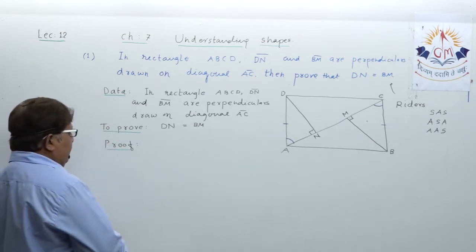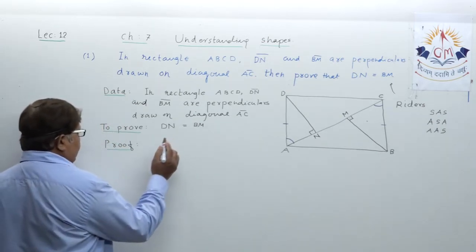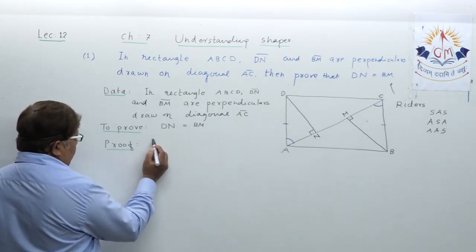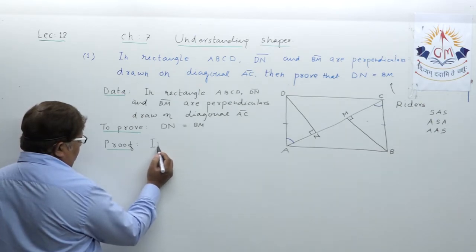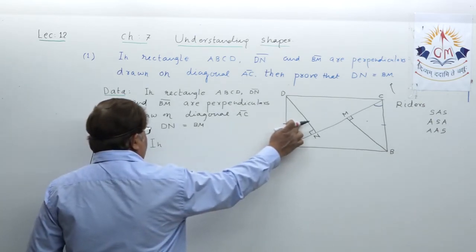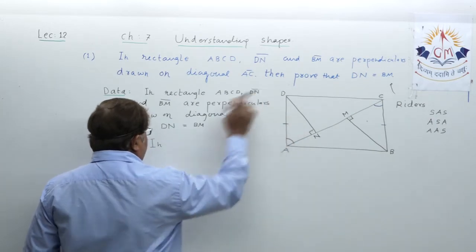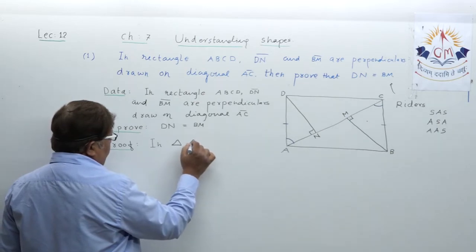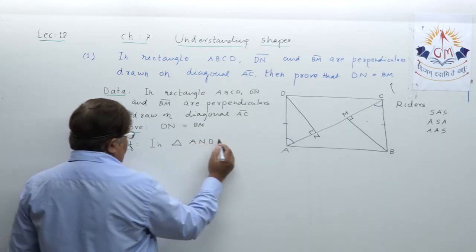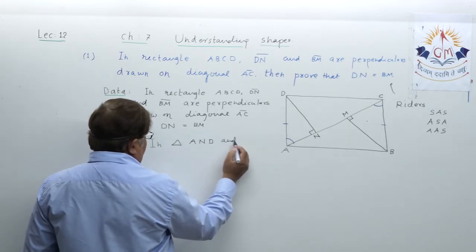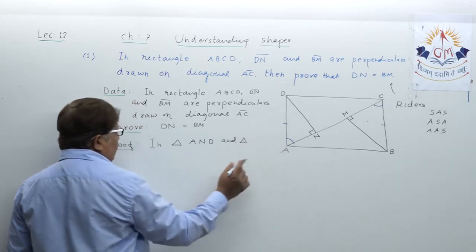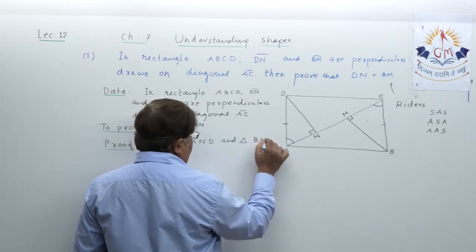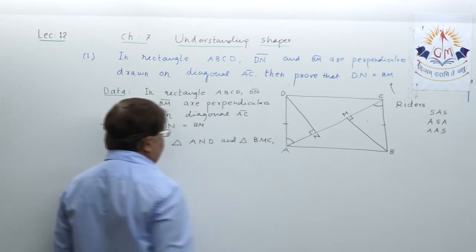Let us write in the form of proof. Let me first mention the names of both triangles. Can you name this triangle? Triangle AND. Okay. And can you name another triangle? Triangle BMC. Okay.